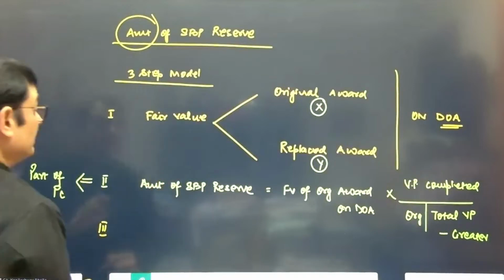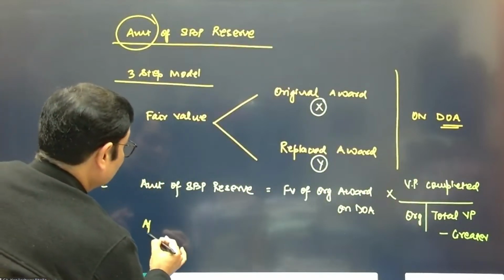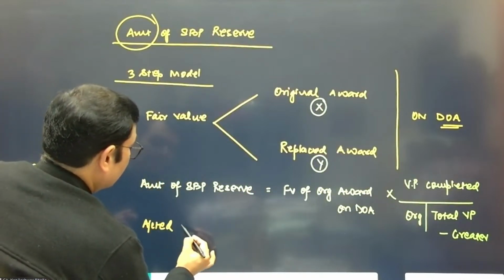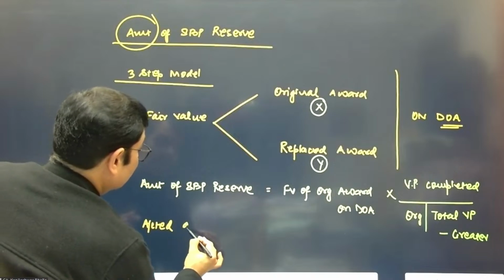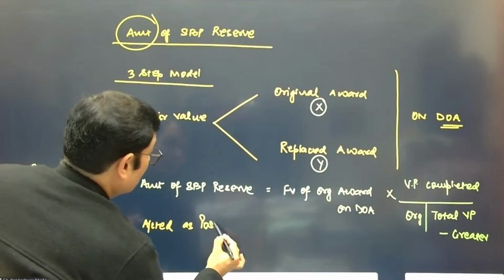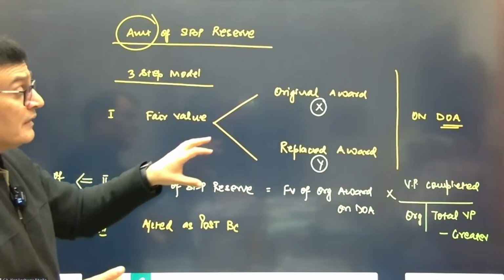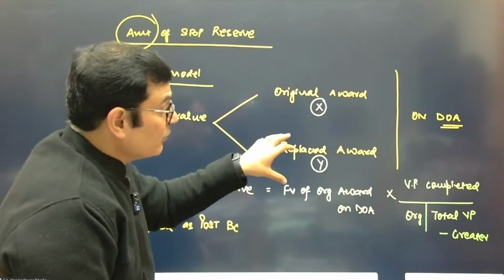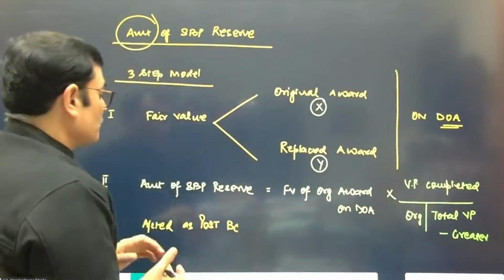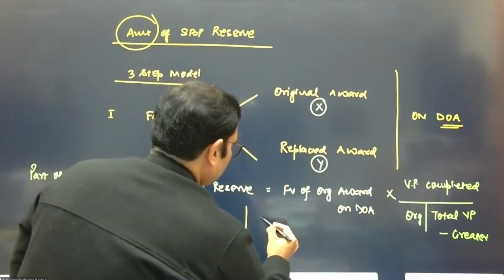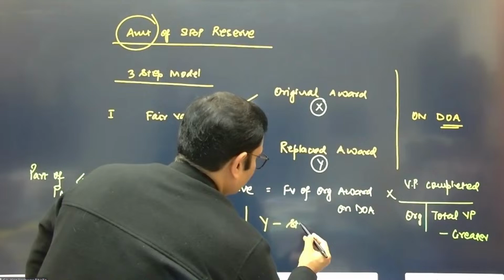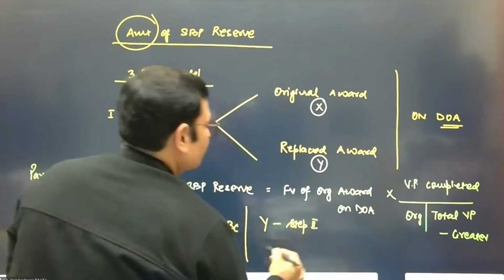Then comes step number 3. Now there is something to be accounted as post-business combination. At the end of the day, the fair value is Y. So what I need to do, the difference between Y minus the figure in step number 2.